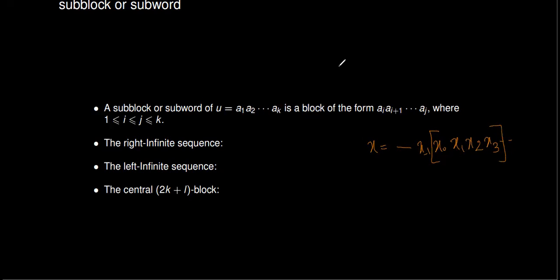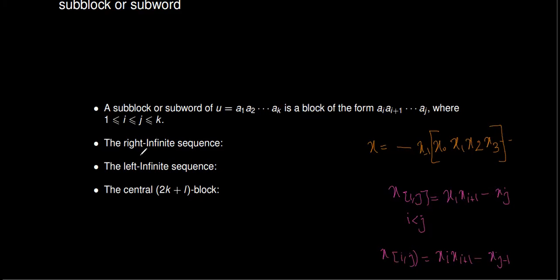We use this notation x[i,j], for i less than j, it would be xi, xi plus 1, up to xj. And if we use the half-open notation [i,j), it means we don't include j yet, so it would be xi, xi plus 1 till x j minus 1. Okay.